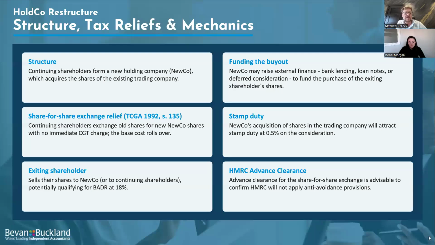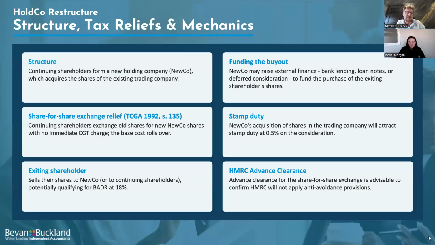Those loans will typically come into the trading company, be lent up to the holding company, and then that will fund the buyout. There will be more stamp duty. So if you've got a £1 million business and a 25% shareholder exiting, you'll pay 0.5% on the full 1 million, not just on the 250,000 pounds coming out.